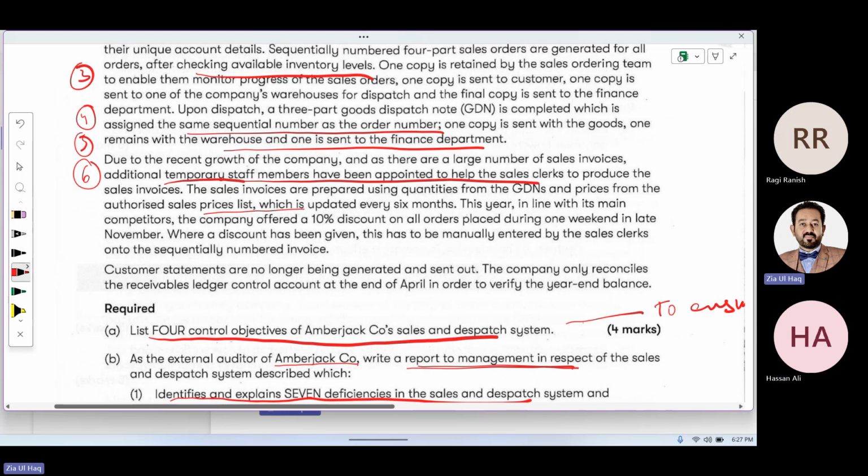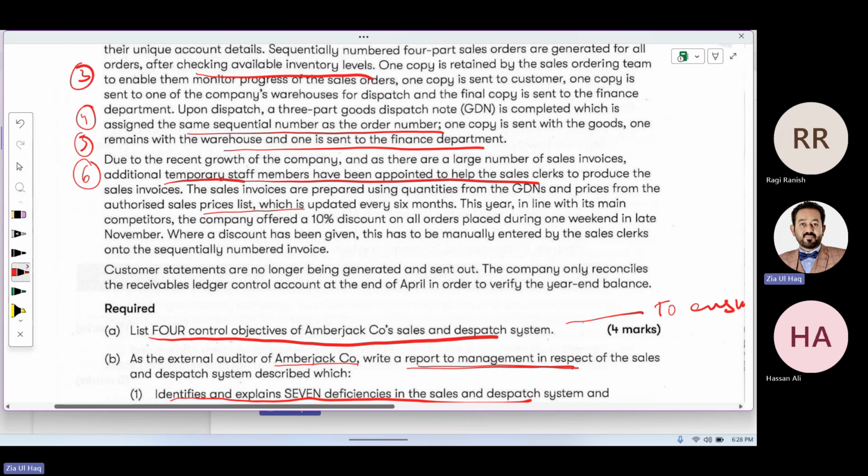If they are checking price from the price list that is updated every 6 months, the price list might be too old, while new prices are different than the price list because it is not updated yet. So they can charge either more or less than the price agreed with the customer while receiving the order.